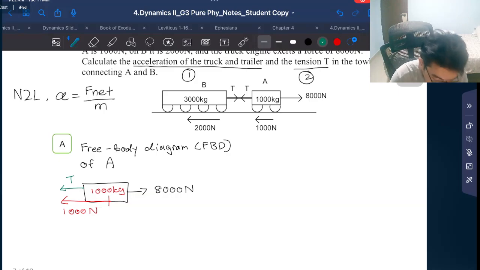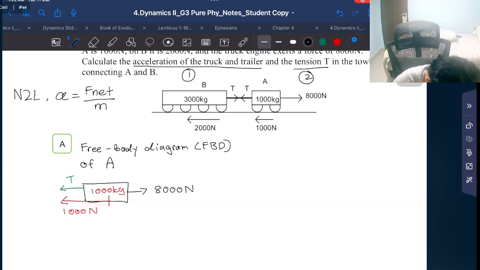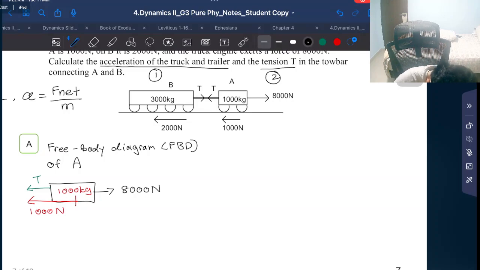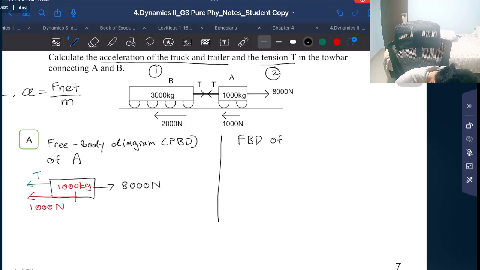Afterwards I have the FBD for object B. I will have the same box, but you realize the free body diagram is different because of the different forces acting on it.